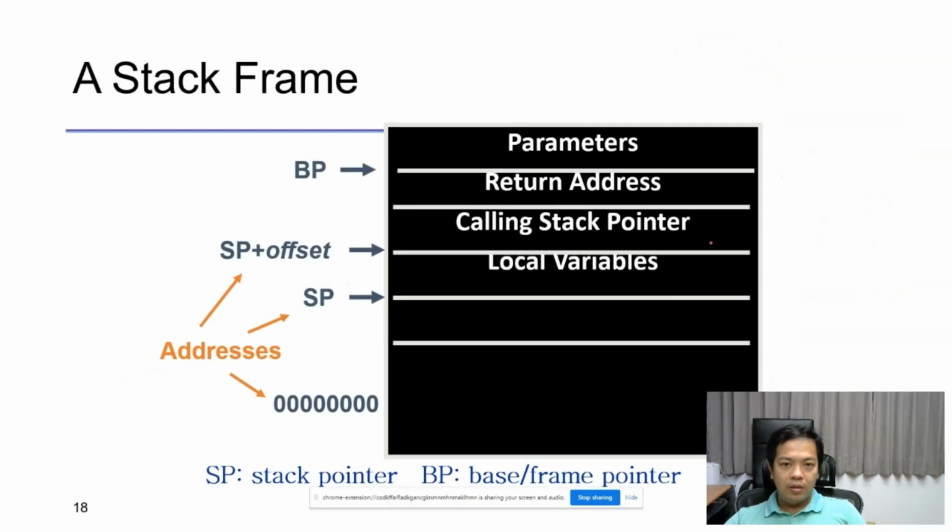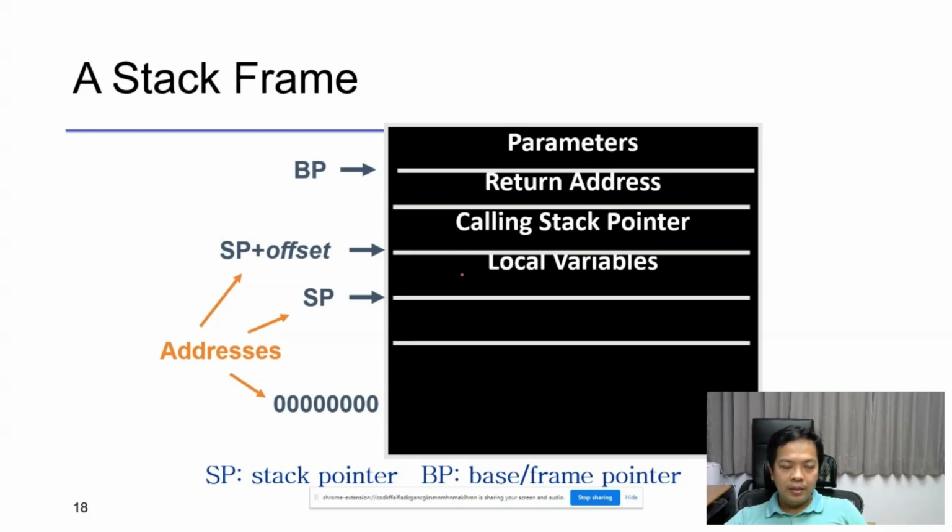So you see this is the detail in the stack, the stack frame. We have the parameters, return address, calling stack pointer, or local variables. This is not global, okay?